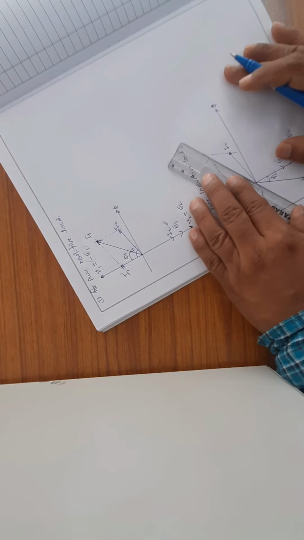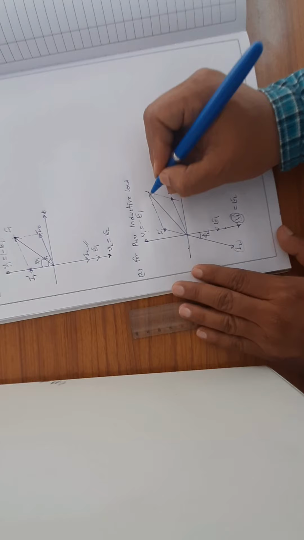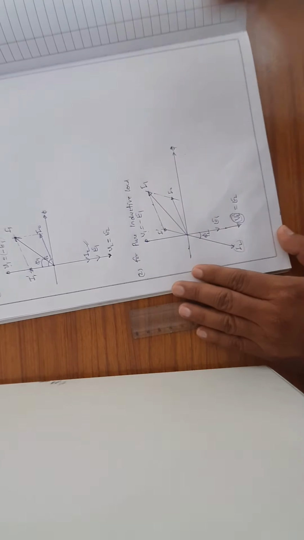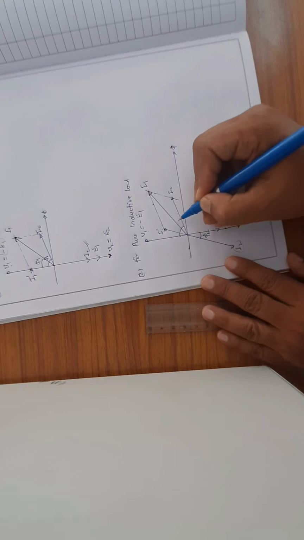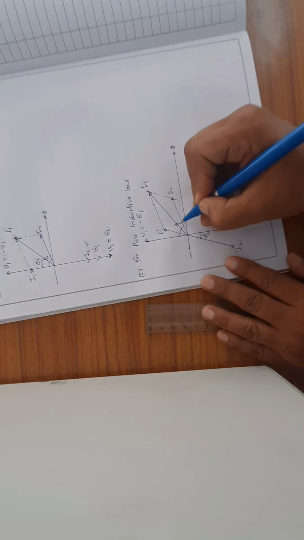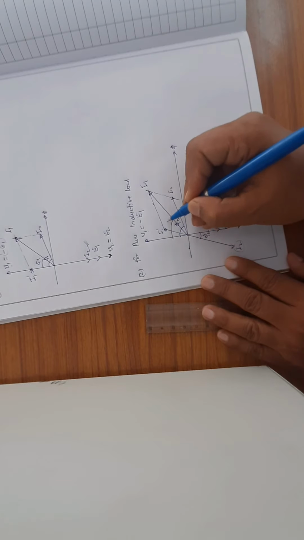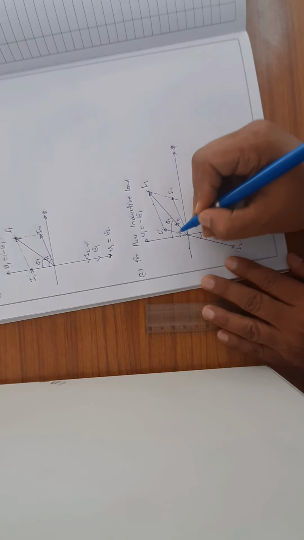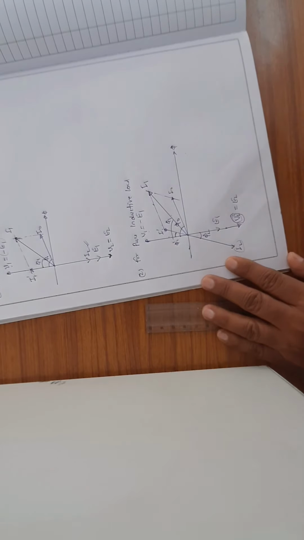From origin we draw a line called primary current I1. This angle is phi naught from V1. This angle is phi 1 and this angle is phi 1 dash.